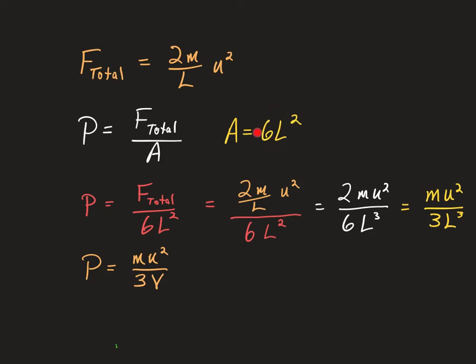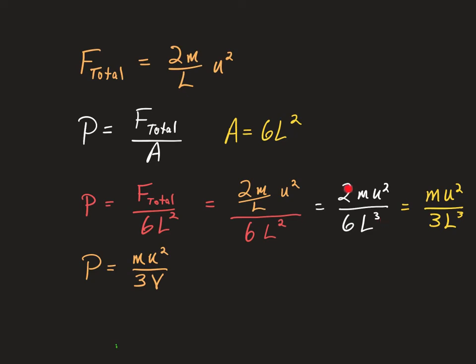So now if we substitute that for the area, we get that our pressure is the force divided by 6 times the area of one side. Right? And force total we defined as this, so if we substitute this in for the force, we get this expression, which, right, 1 over length, we can move that down. So this length times this length squared gives us length cubed.